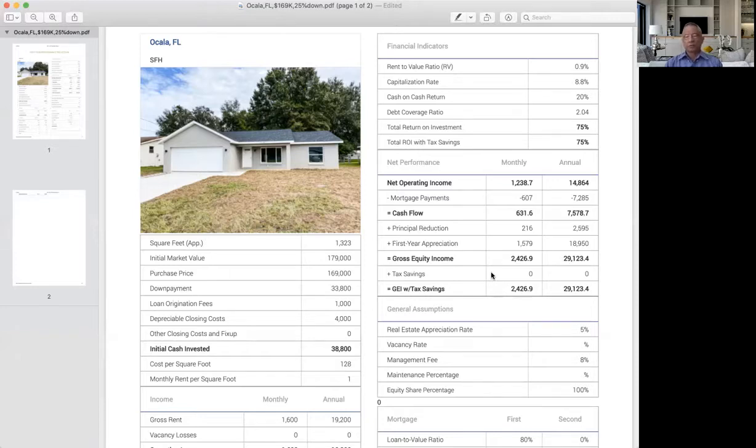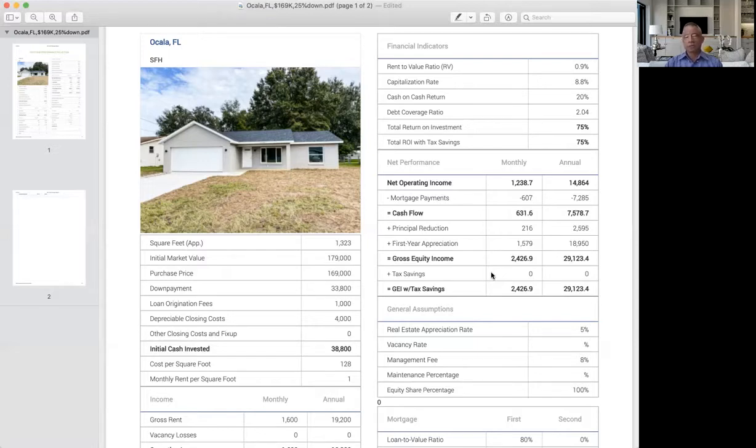And then third is the cash on cash return. And the benchmark for that is around, give or take, 10%. The cash on cash return is based on you financing an investment purchase of a house, how many years it takes for you to recoup your down payment. So if it is a 10% cash on cash return, it means the net annual cash flow will take you 10 years to recoup your down payment.